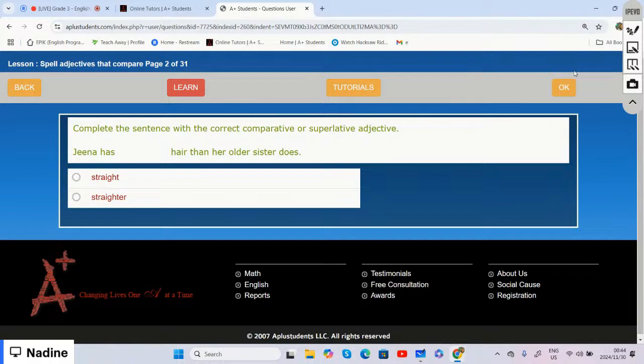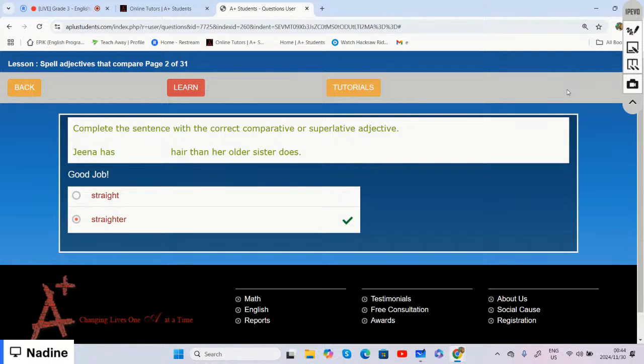All right, and if we were to choose the correct option, we will say Gina has straighter hair than her older sister does.